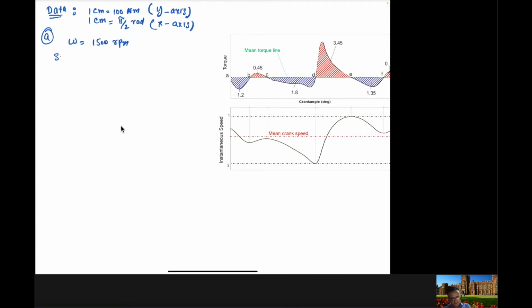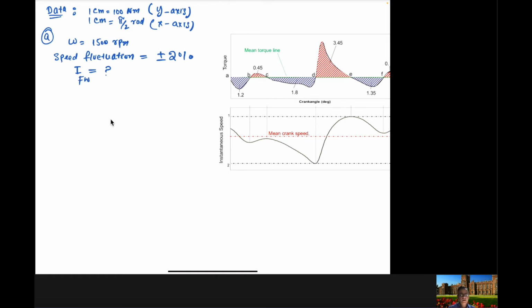So speed fluctuation is given, which is plus minus 2%, and you need to calculate I of the flywheel here.